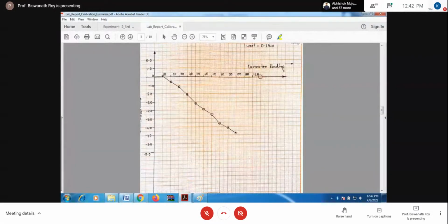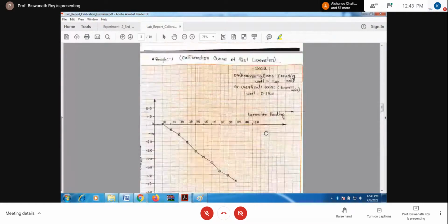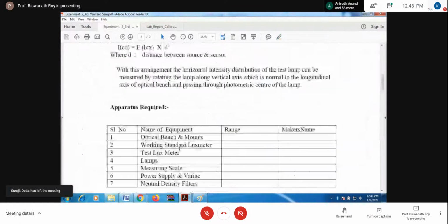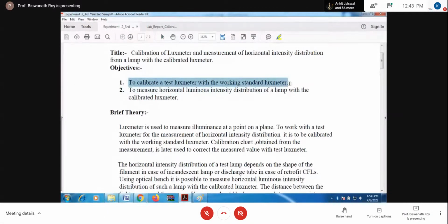Here is the test lux meter reading, and the error is also in lux. All values are joined by a straight line. Okay. So up to this, we have completed the first phase of the experimentation, the calibration of a lux meter with the working standard.